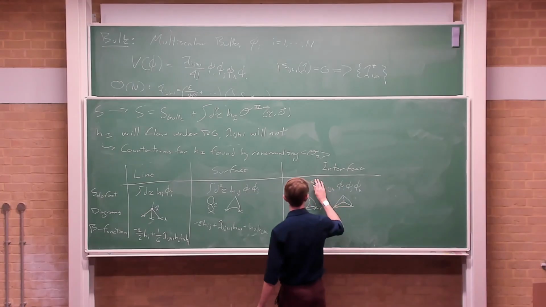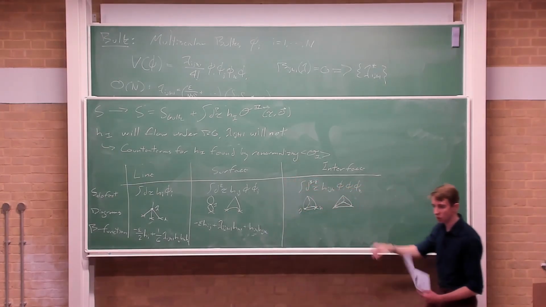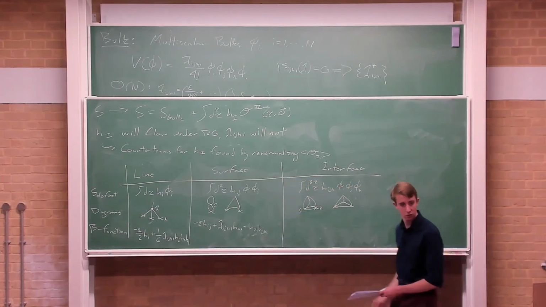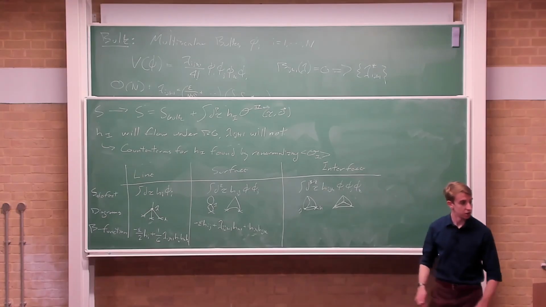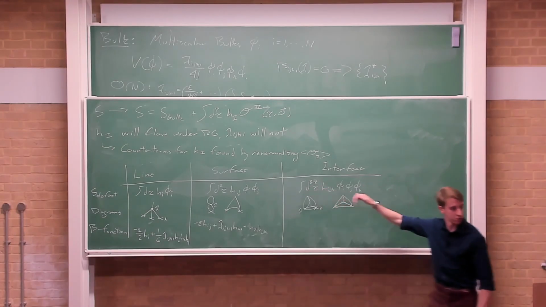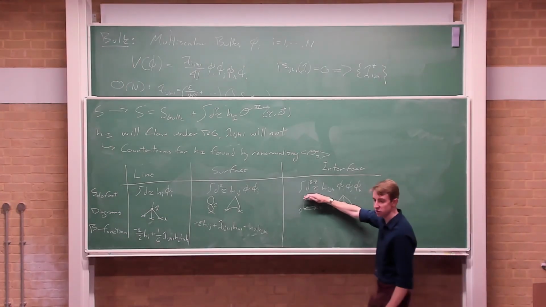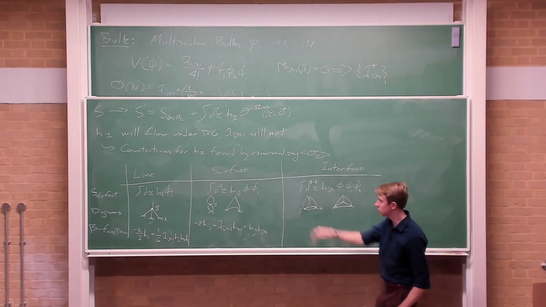Sorry, the bulk is in 4 minus epsilon, so this shouldn't be 3. This should be 3 minus epsilon. It's codimension 1. Yes, but the continuation is the same. It's only 1 epsilon. You're not messing with the relative codimension. The codimension is fixed for the interface.